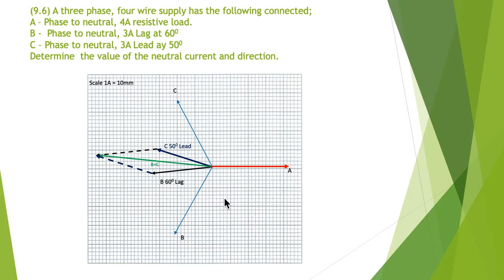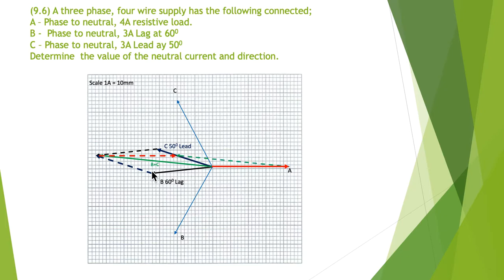So there's my B plus my C. Now the BC that's already been added needs to be added to my A. So here's my A being put in, so there's the A phasor. Simply picking up the A phasor horizontally and putting it in.